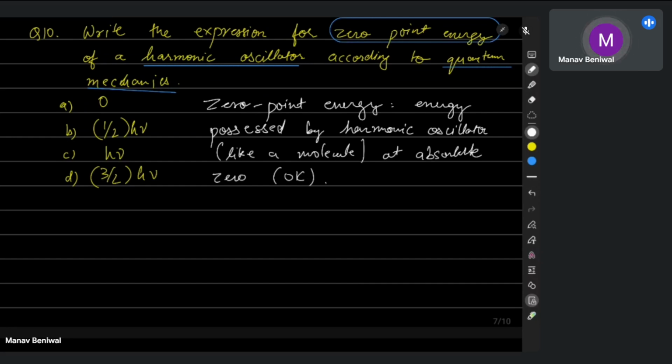So when there is no temperature, we are at absolute zero. So what is the energy possessed by our harmonic oscillator?